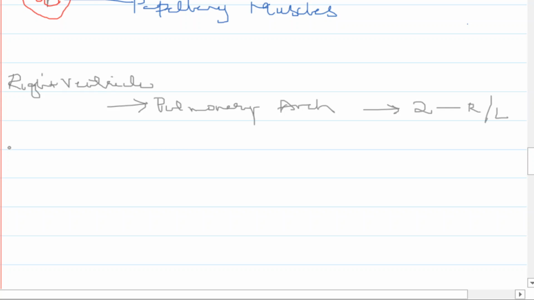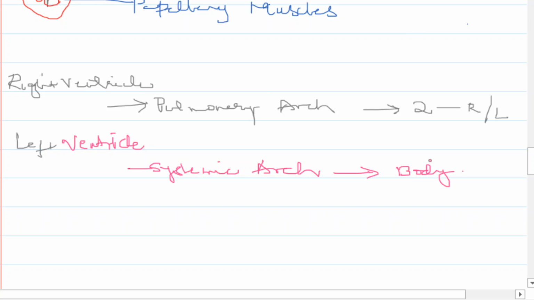And from the left ventricle arises the systemic arch, also called the aortic arch. And this supplies blood to all parts of the body, goes into the systemic circulation.